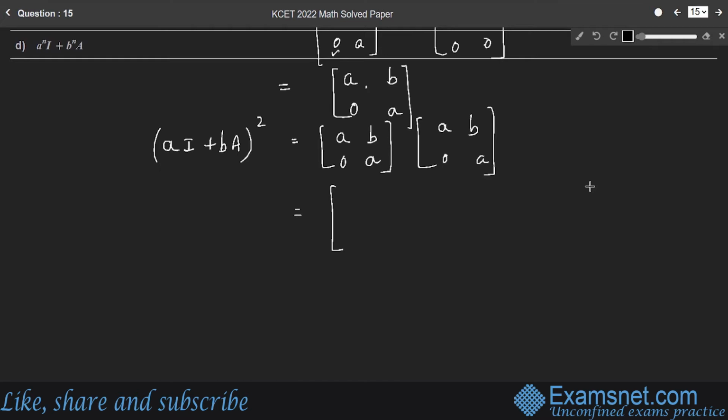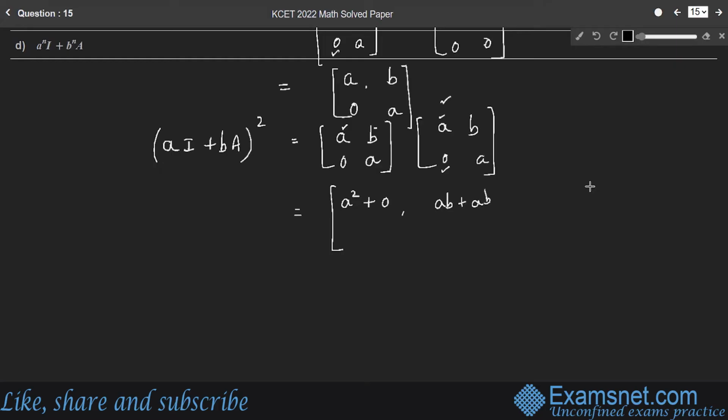So a into a is a square plus b into 0, which is 0. The second element in the first row becomes a into b is ab plus b into a is also ab.